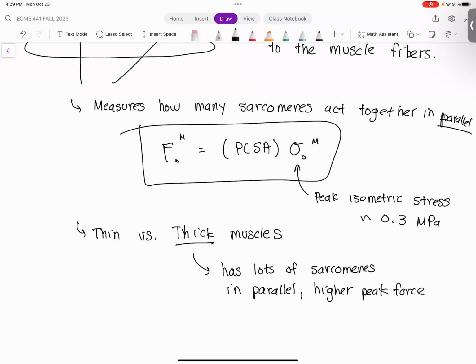The more sarcomeres you have in parallel, the higher the cap on the peak force that your muscle can produce.